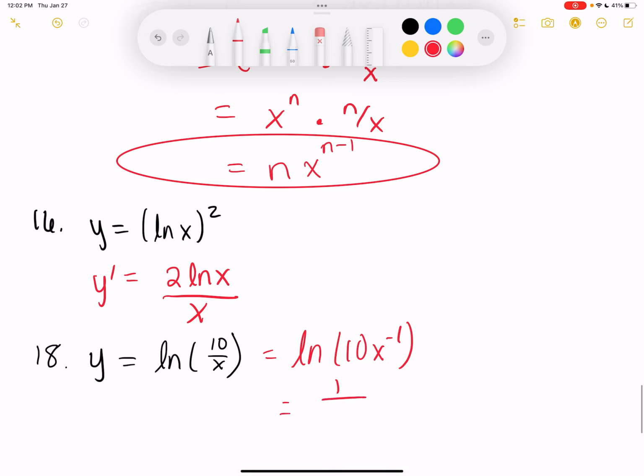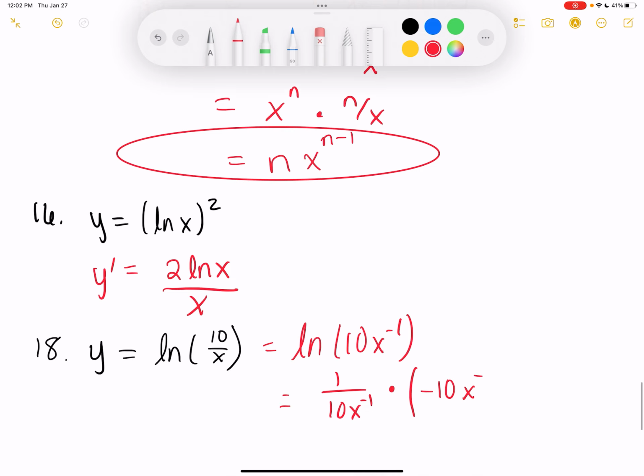So 1 over 10x to the negative 1, times the derivative of that inside piece. What would the derivative of that inside piece be? Negative 10x to the negative 2.